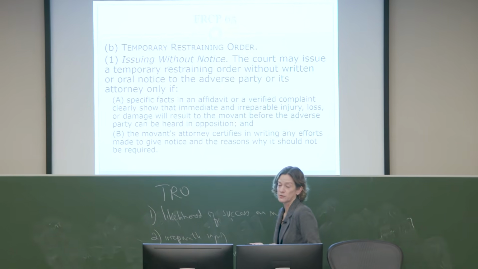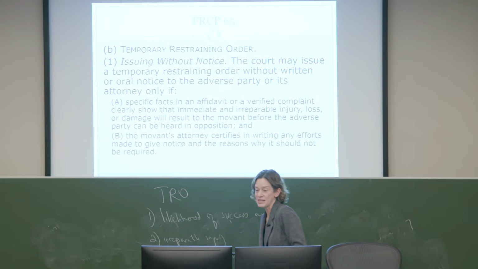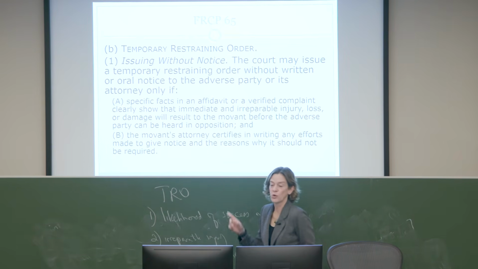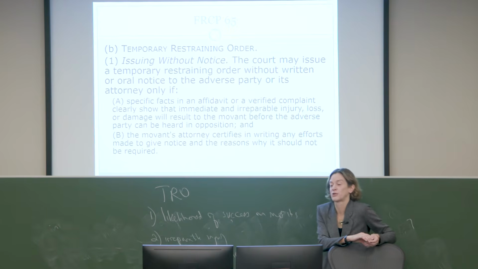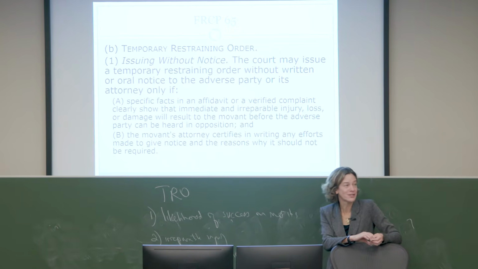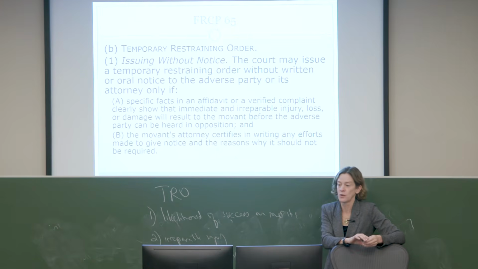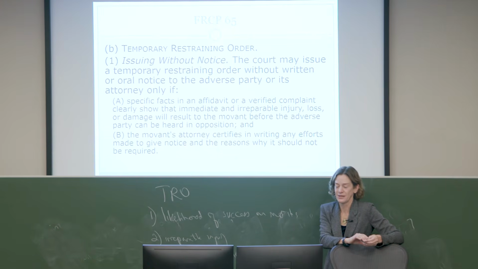So Federal Rule of Civil Procedure 65(b) talks about the TRO, or temporary restraining order, and the court may issue these orders without written or oral notice to the adverse party or its attorney, right? So due process alarms going off when you see that, and then you've got to show why this would be allowed.